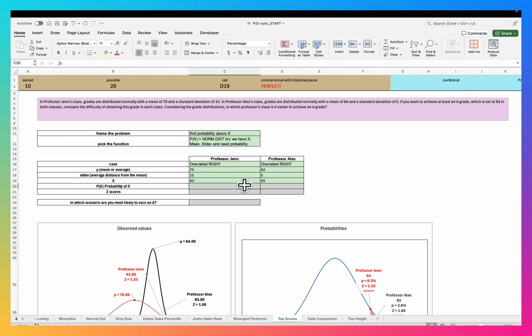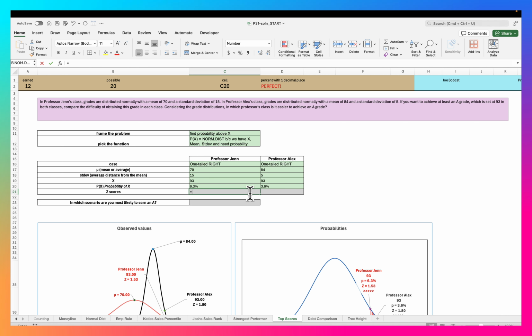So we said it already, it was going to be norm.dist, but we're going right side, so it's got to be the 1 minus. So I start with an equal sign: equals 1 minus norm.dist, x, mean, standard deviation, true. Copy that.